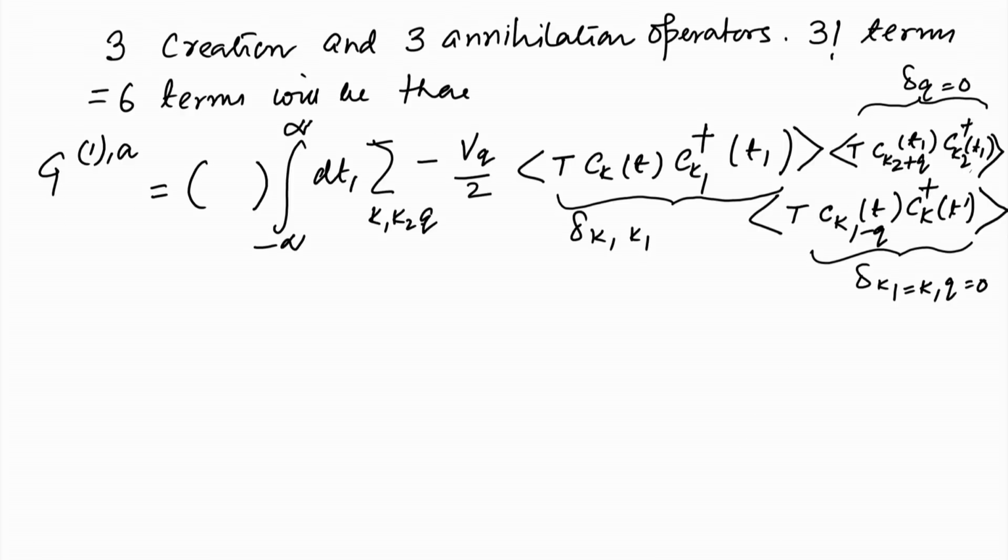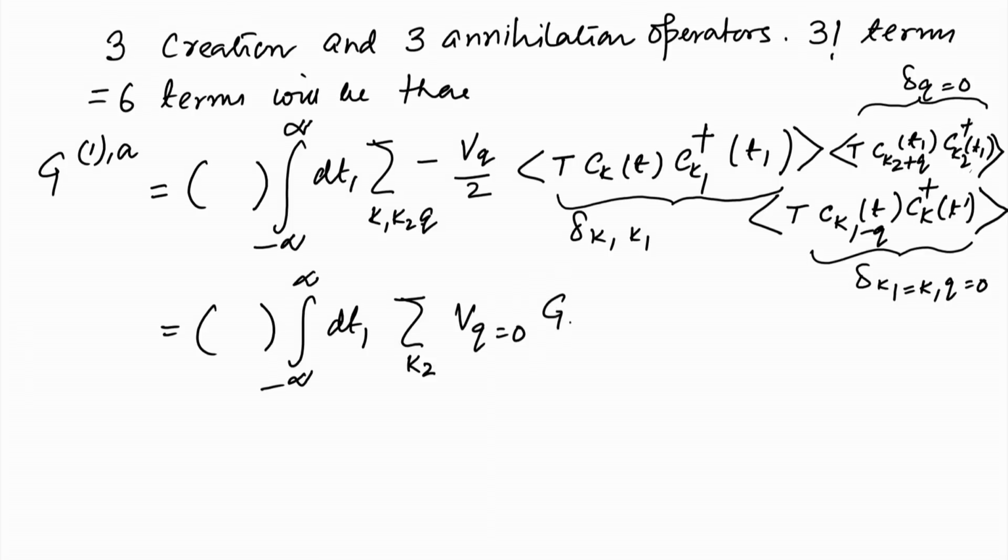So, that is the first term, and this can be written as, we will again leave this bracket, minus infinity to plus infinity dt1, and now of course k equal to k1. So, we have the independent variable as k2, and q is equal to 0 anyway. So, V_q equal to 0 and G0 k, t minus t1. Now, this one is at the same time, and because q equal to 0, it becomes c k2 c k2 dagger.